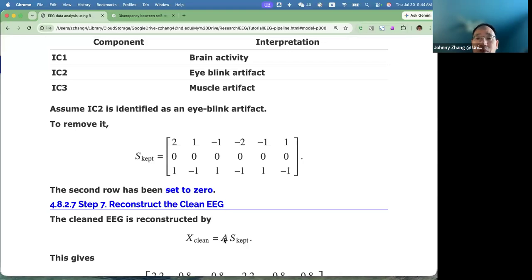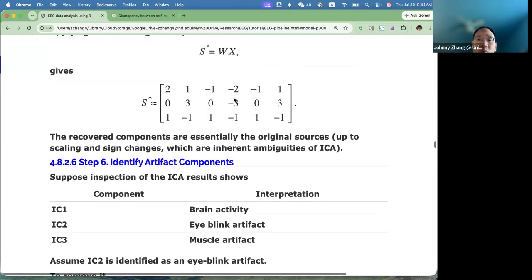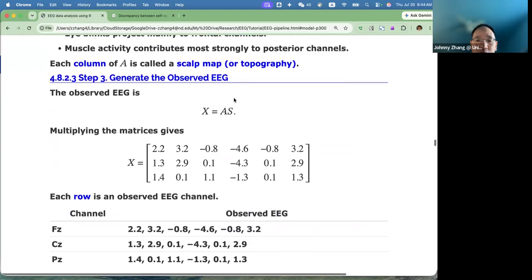A basically is the inverse of W. Notice that when we multiply the A matrix to here, because these values are zero, it means in the clean EEG signals, there's no contribution of the eye blink to the data anymore.